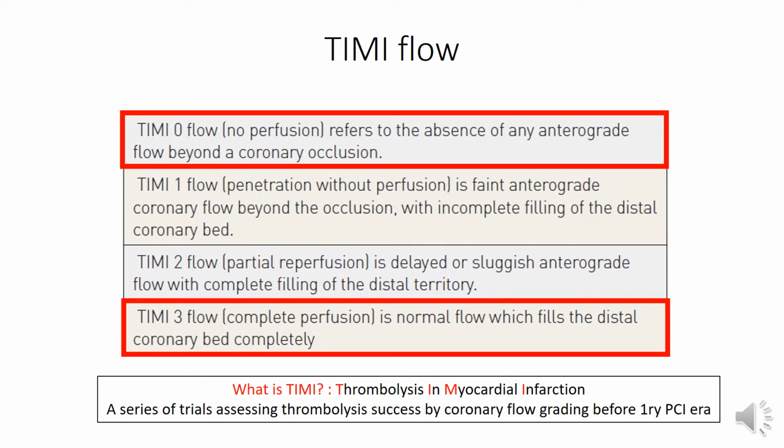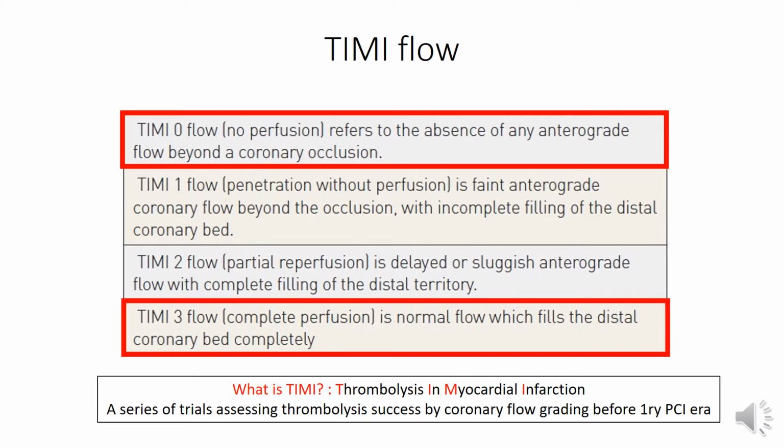If we have total occlusion of the vessel with no contrast at all passing through, this is called TIMI zero flow. If we have a little penetration of dye but not reaching the distal vessel, this is called TIMI 1 flow.